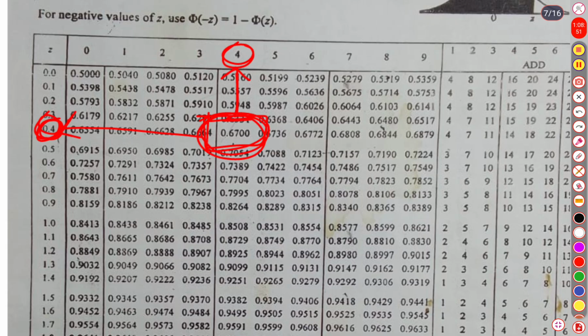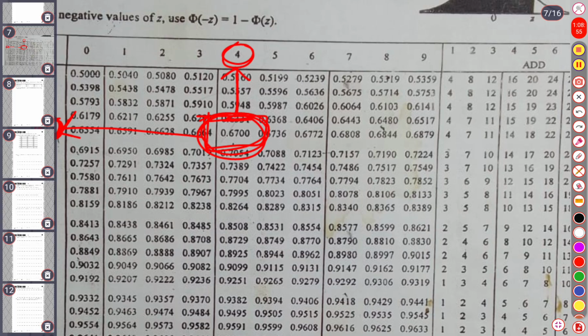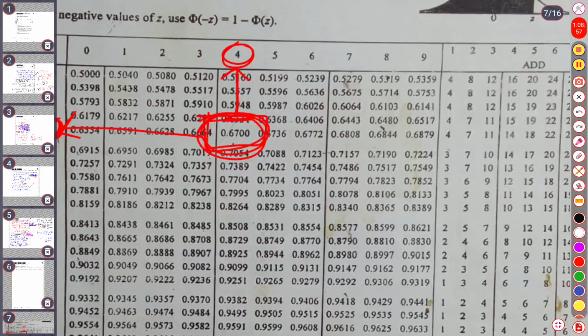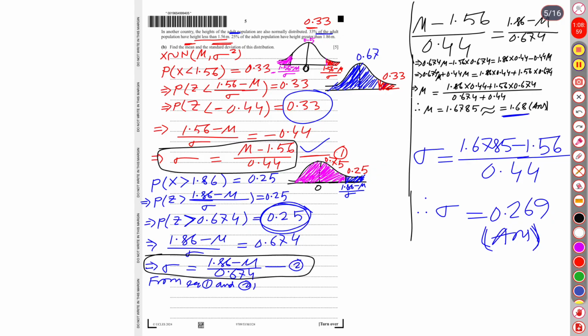This is our z-score, 0.44. Let's see whether we have used 0.44 or not. Yes, look at this, we have used 0.44 as our z-score when the probability was 0.67.